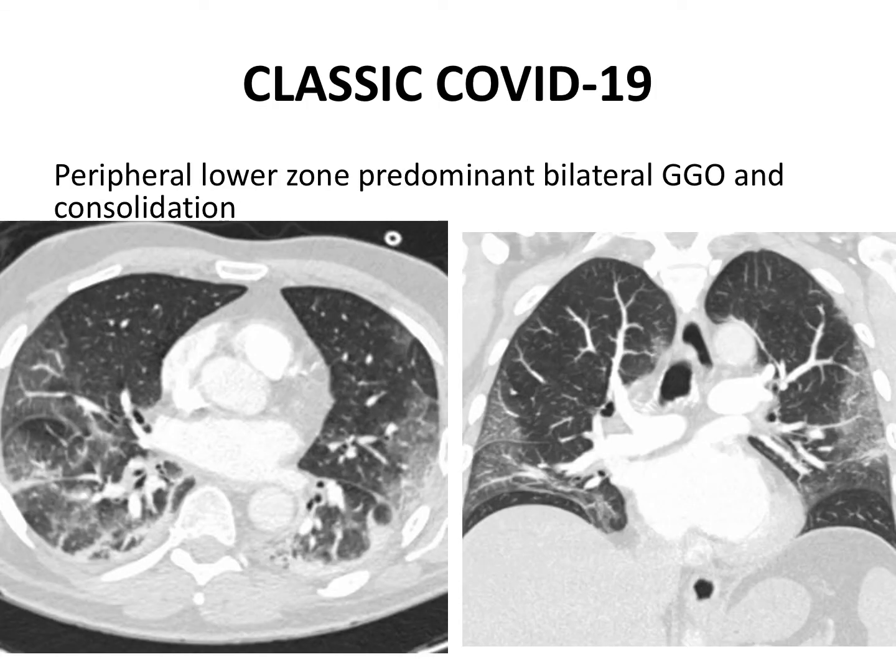So that would be a classical pattern for COVID-19. Peripheral, basal, ground glass opacity and consolidation. We can be almost 100% confident in the right context that that patient will have COVID-19.